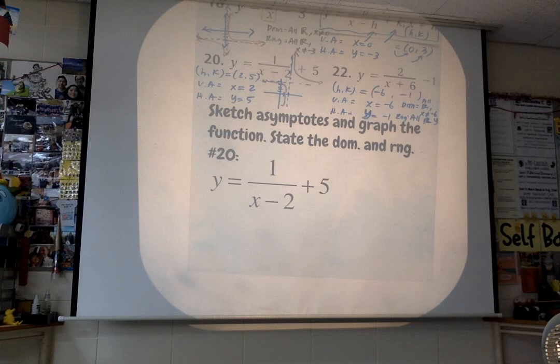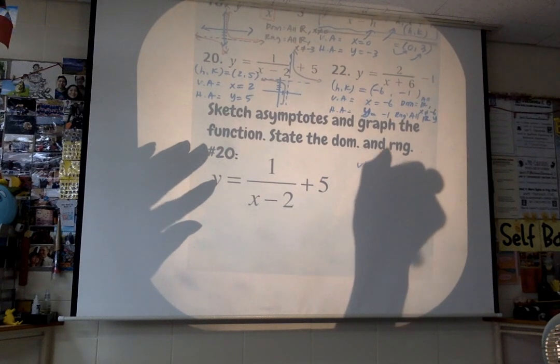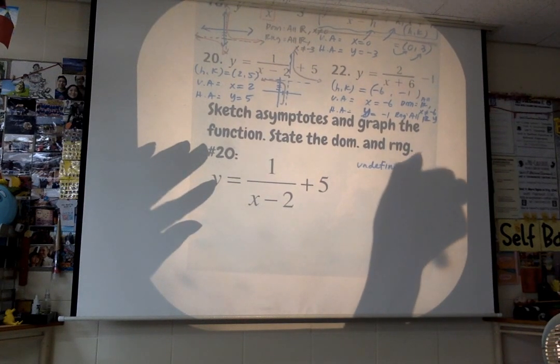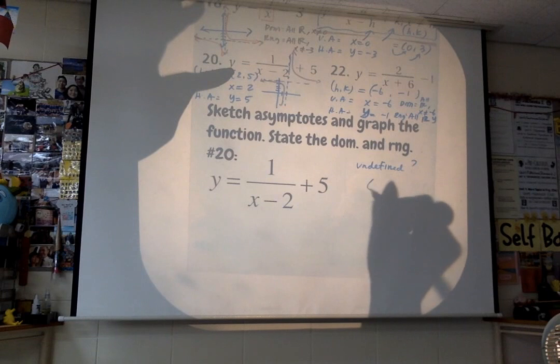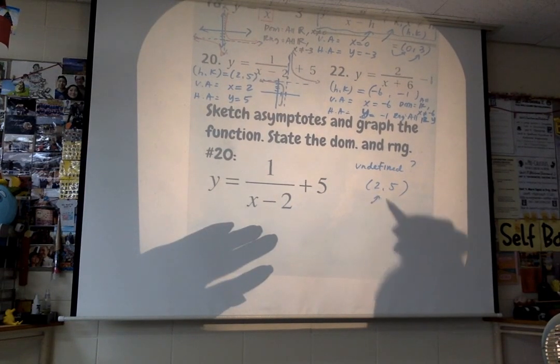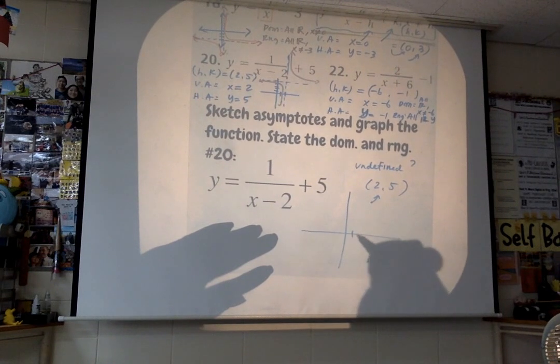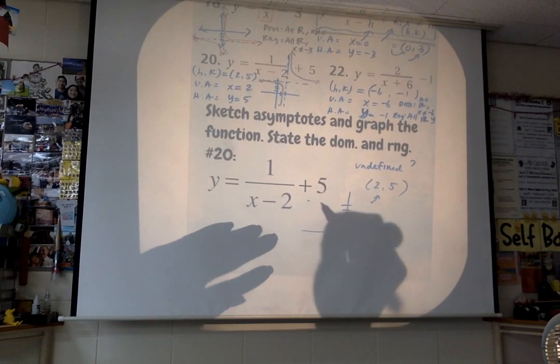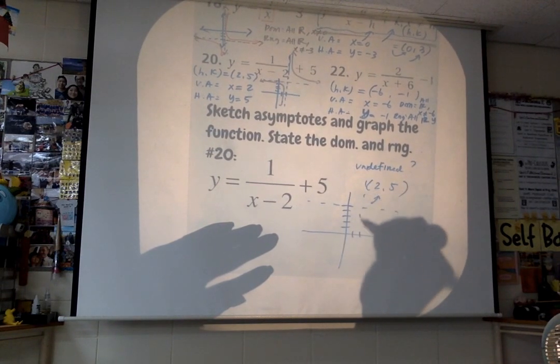What if I ask you this question? Where is it undefined? You're right. At 2, 5. So you know it's going to go 1, 2, 1, 2, 3, 4, 5. Here's the horizontal. Here's the vertical.